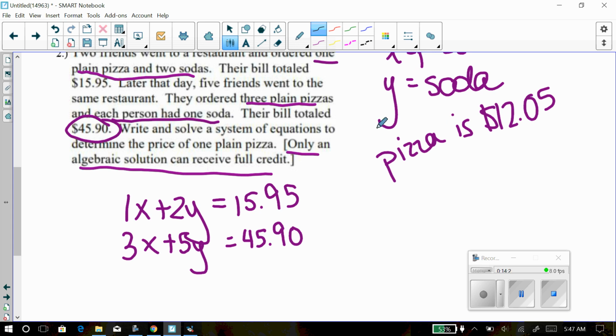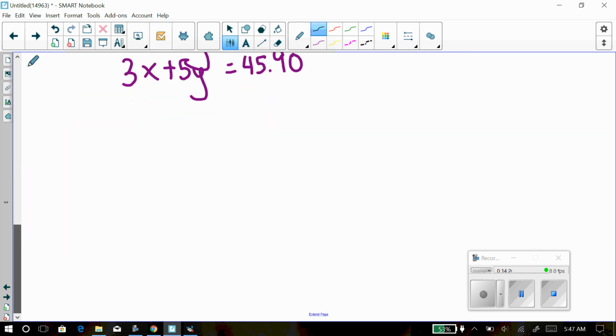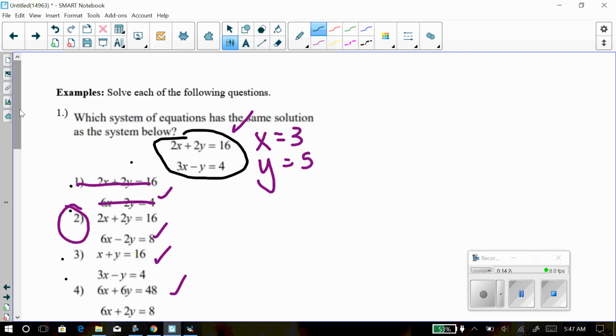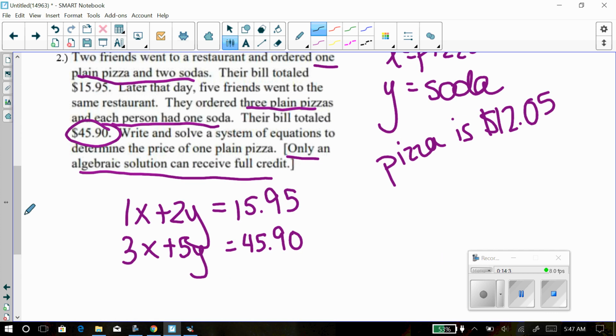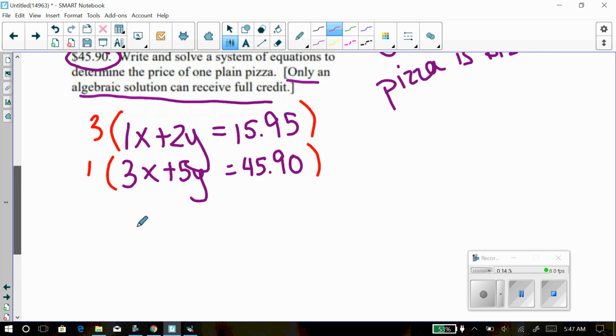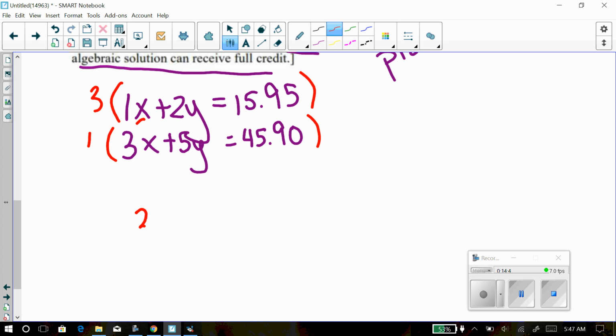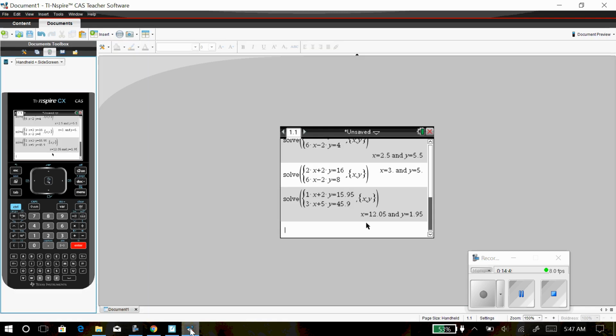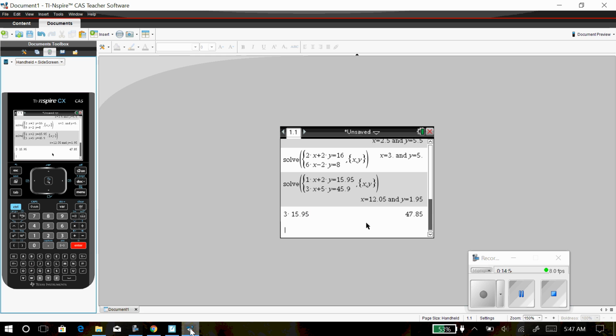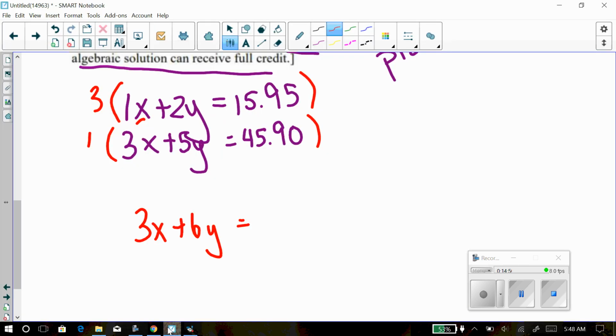Now I am going to show you how to do it algebraically, and then you will be all set, right? I don't think there's any other problems after this. Nope. Okay. Algebraically, how do we do this? Remember, you multiply each equation by the number in front. So I get 3x plus 6y equals, and let me get my calculator out for this, 3 times 15.95, 47.85.